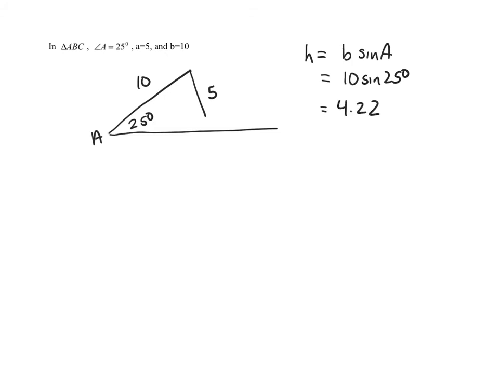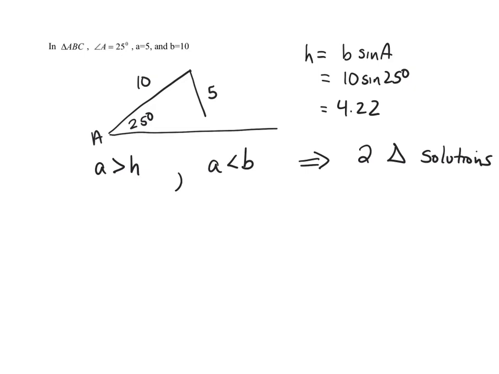Now in this case, we definitely have a solution because A is bigger than H. Remember, there's no solution if A is smaller than H because it doesn't reach down. But A is also less than B. So this is actually case 2, which implies we have two triangular solutions.